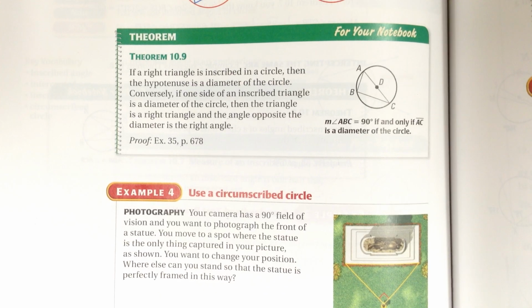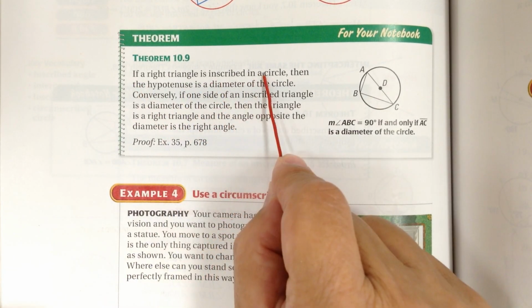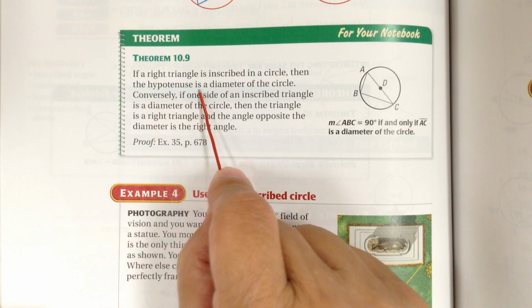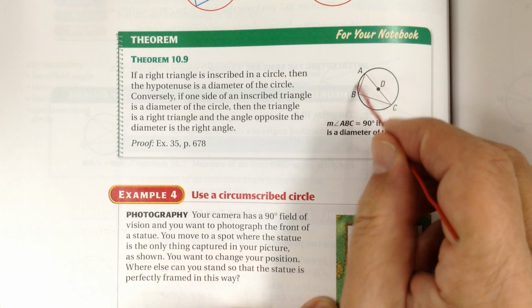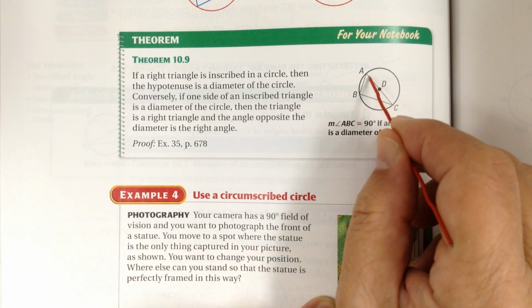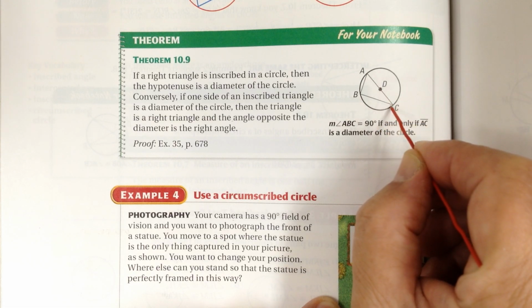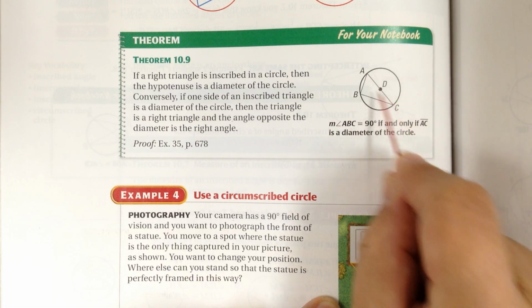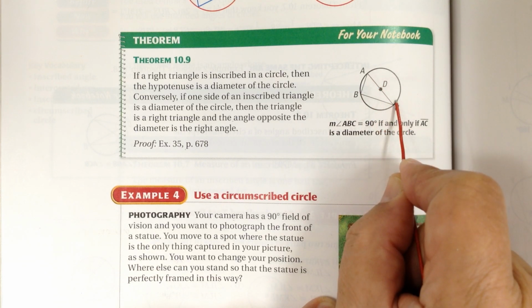Okay, let's go to theorem 10.9. If a right triangle is inscribed in a circle, then the hypotenuse is the diameter of the circle. The reason for that is because, remember, the angle is half of the intercepted arc.